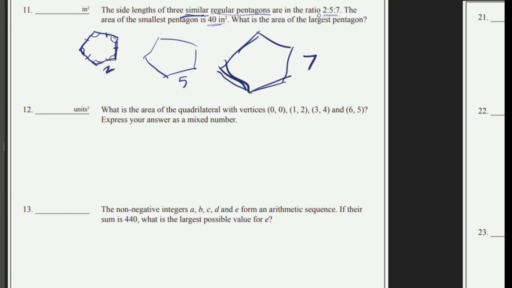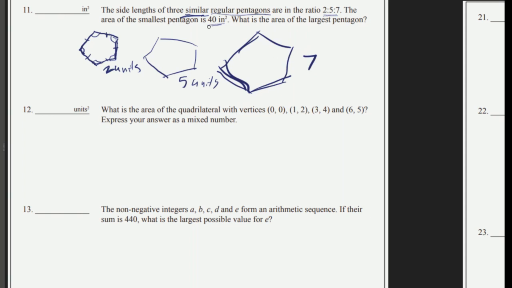We don't know what the side lengths are, but we could just call this 2 units. It could be 49 centimeters, but we could just define a unit to be 49 over 2 centimeters, and then 49 centimeters would be 2 units, and this one would be 5 units, which would be 5 times 49 over 2 centimeters, but that doesn't matter. This is 2 units, this is 5 units, this is 7 units. So we have these 3 pentagons.